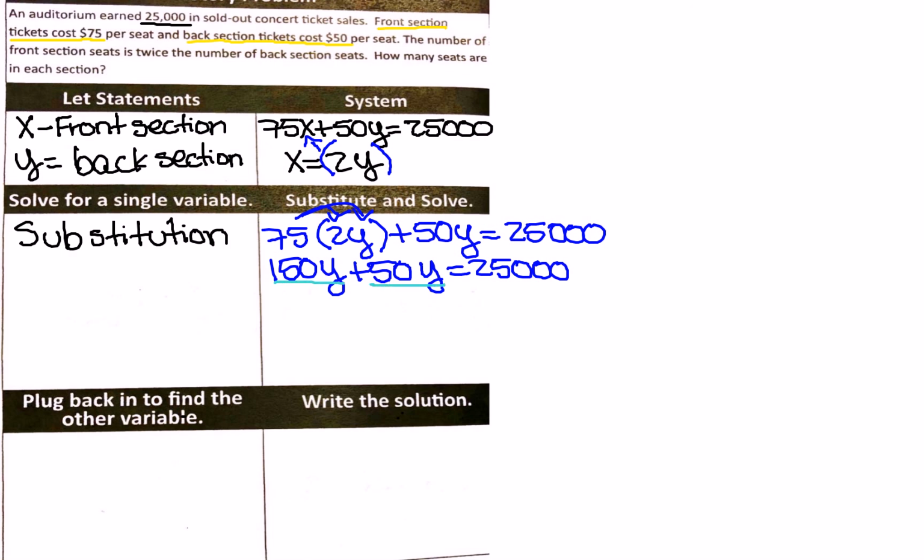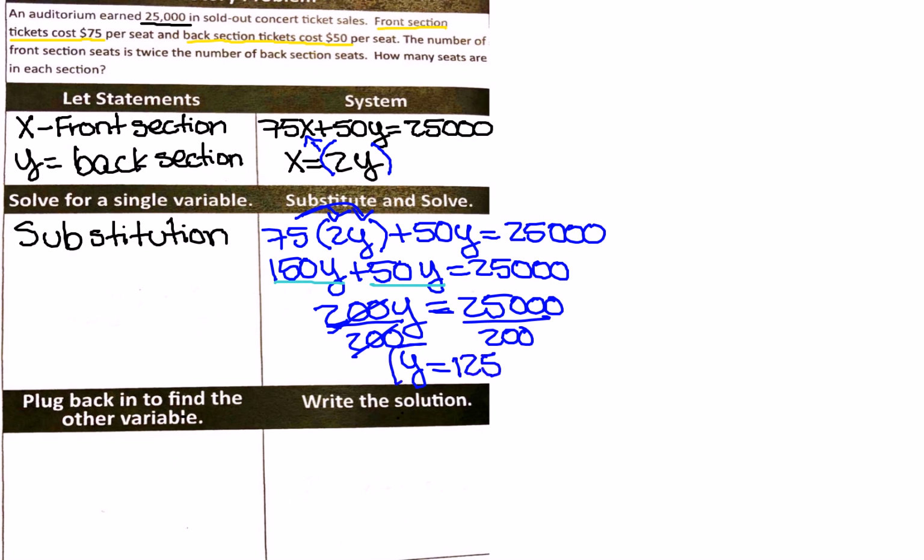So 150 plus 50 is 200y equals 25,000. Then I just have to divide by 200 on both sides. Those two will simplify, and it will have that y is equal to 25,000 divided by 200 is 125. So I just found my value for y.